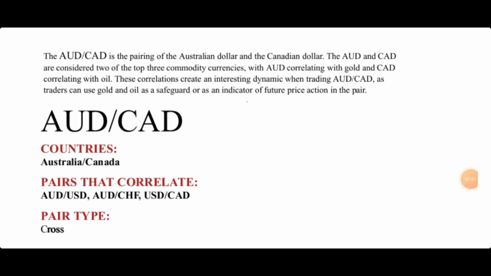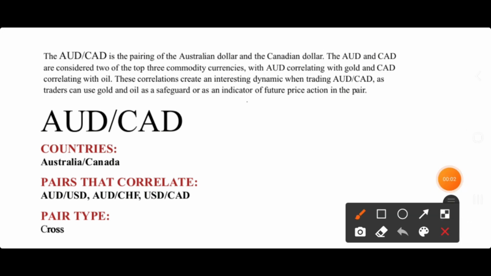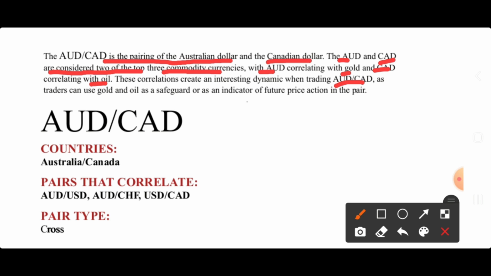So let's talk about the AUD and the CAD, the Canadian dollar. This is the pairing of the Australian dollar and Canadian dollar. The AUD and CAD are considered two of the top three commodity currencies. With AUD correlating with gold and the Canadian dollar correlating with oil, these correlations create an interesting dynamic when trading AUD CAD.